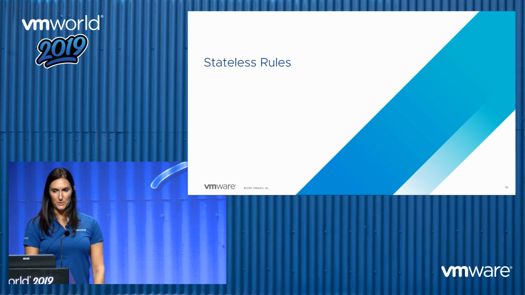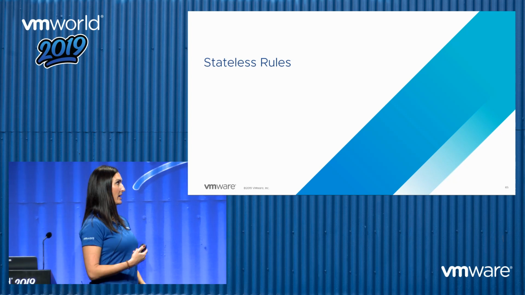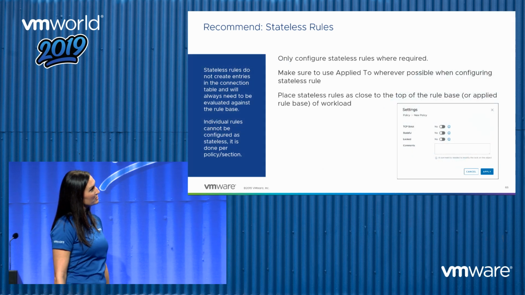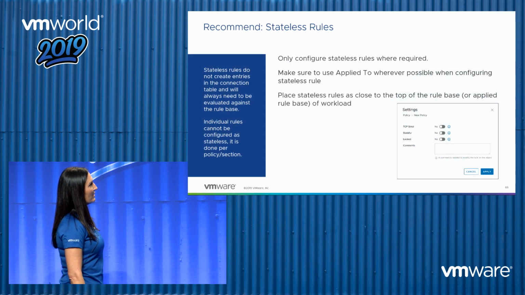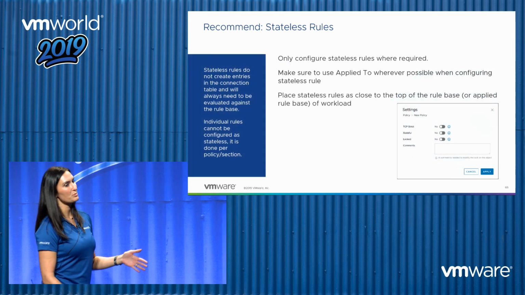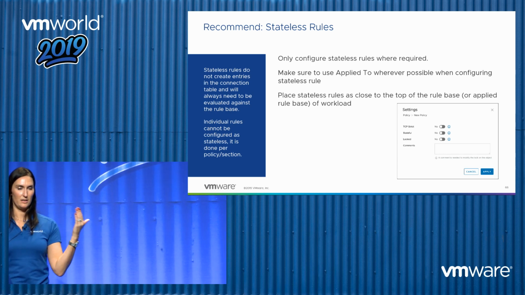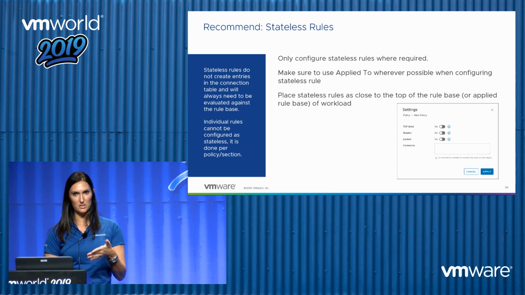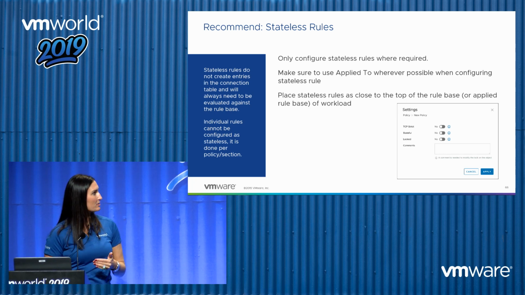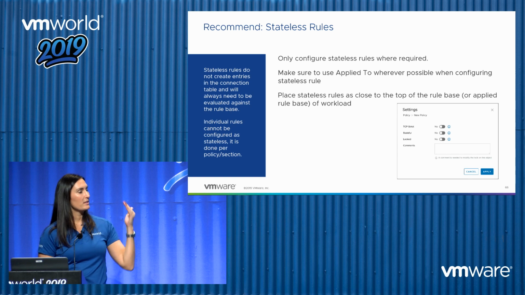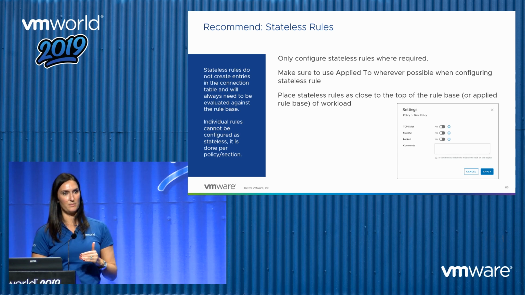So, stateless rules. We have the ability to create stateless rules in our environment, and a stateless rule is a rule that, as the packets flow, does not leave a connection in the connection table. So every time a packet is going for a stateless rule, it has to hit that rule set every single time.